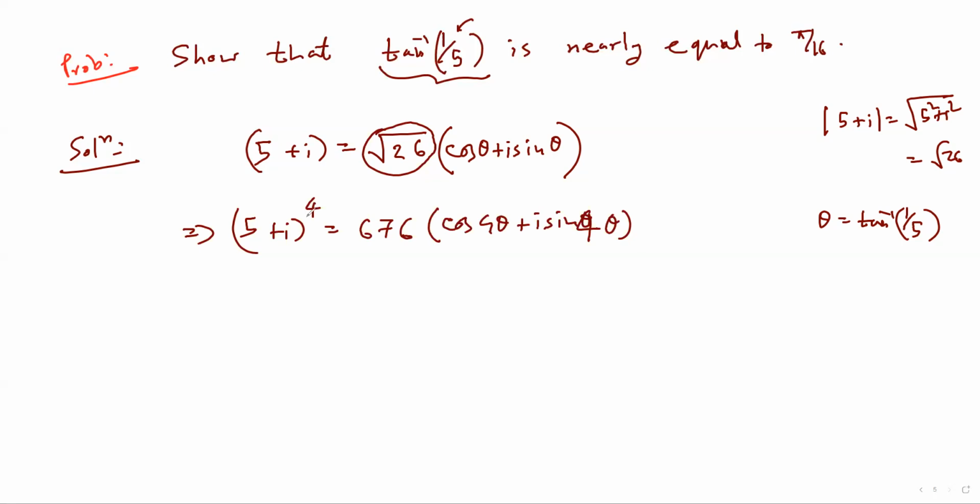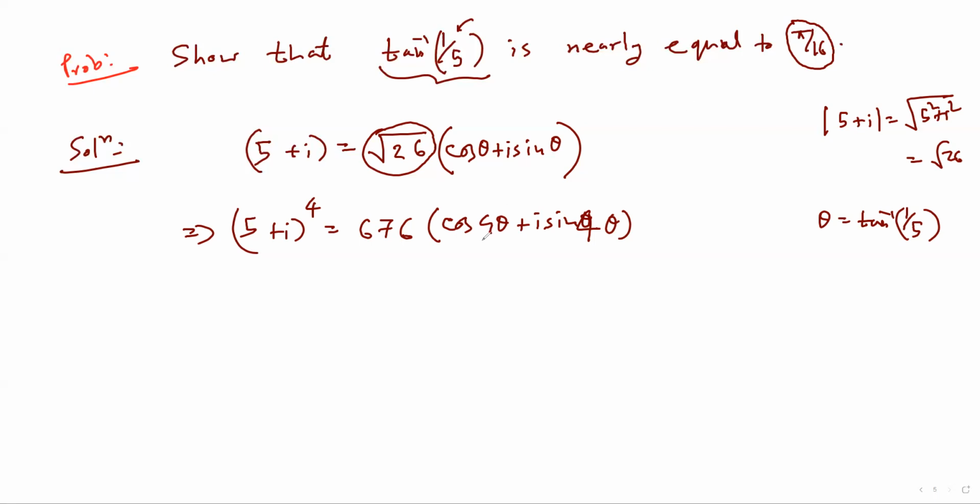Now the question is, why did I take the power, especially the number 4? The reason is, look at this particular angle. This angle is not one of those standard angles we are used to using in solving problems by hand. But if you multiply this particular angle by 4, you're going to get pi by 4, which is a standard angle.